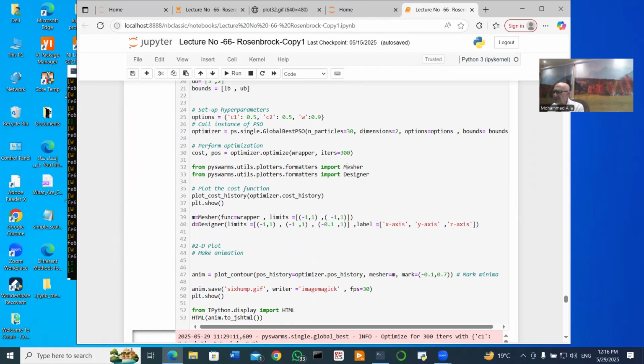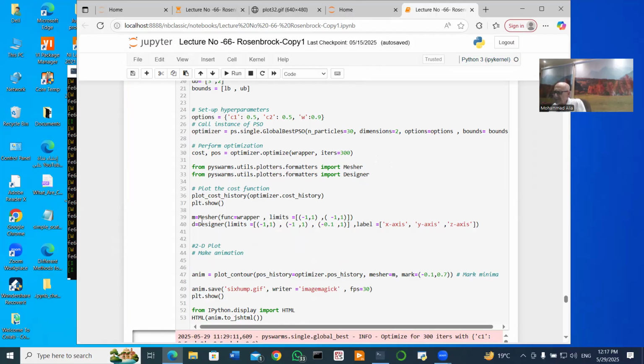Okay, for the sake of animation, we import the object mesher and designer to have a mesh and to customize the x and y values. But as you see, because the bounds are between -2 and 2, and because the default values for the designer in this Pyswarms library are -1 and 1, and -1 and 1 come in between -2 and 2, so I kept them.